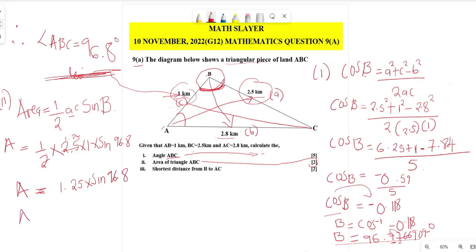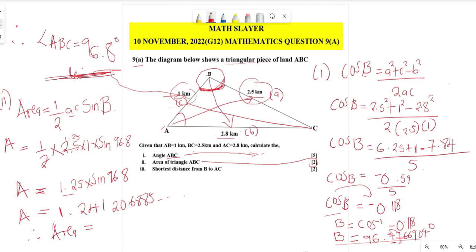Using the calculator, the answer will be 1.241206885.